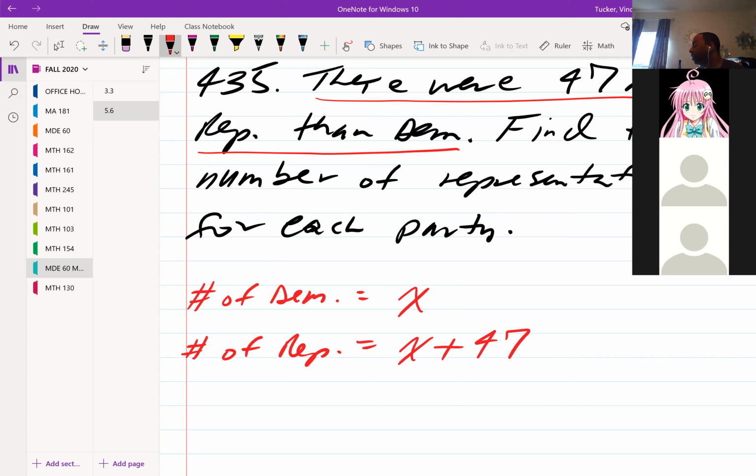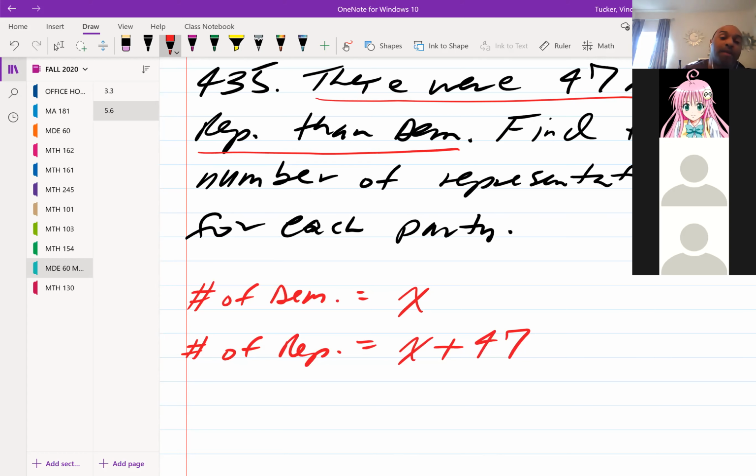All right, make sure that's okay with everybody. And you do that because you've got to assign the Democrats a variable. So it'll be X, A, B, C, or whatever. Each thing that you're trying to find, each unknown, has to have some type of algebraic representation, whether it be just a variable or a variable and something else. So we see in this phrase that there were 47 more Republicans than Democrats.